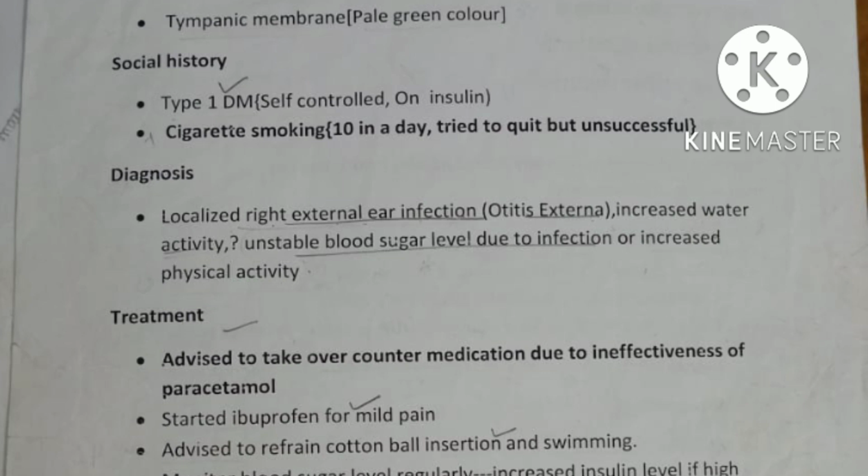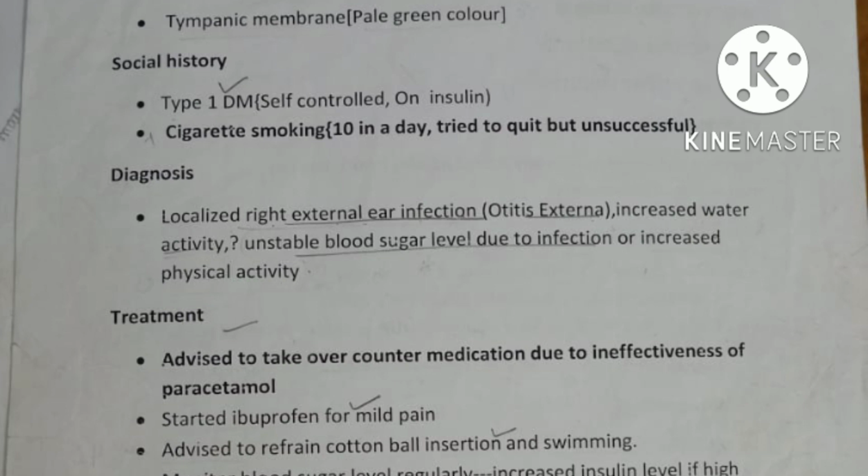Then social history: type 1 DM, self-controlled on insulin, cigarette smoking 10 a day, tried to quit but unsuccessful. Then diagnosis: localized right external ear infection, that is otitis externa, maybe due to increased water activity, and unstable blood sugar level due to infection or increased physical activity, that is a query, not a confirmed diagnosis.